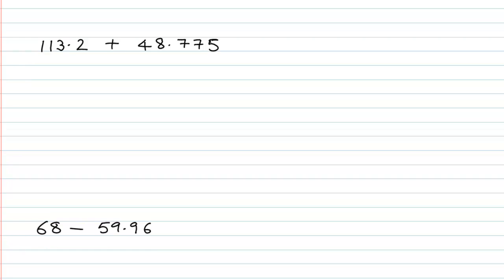Now let us do another example. How shall we add 113.2 and 48.775? So 113.2, and we shall write the decimal point one below the other, and we can write this 48 like this, and 775 in this way.